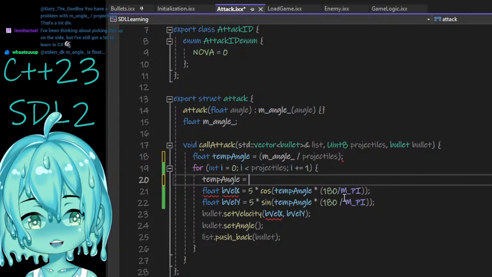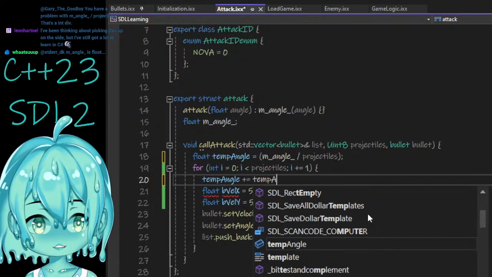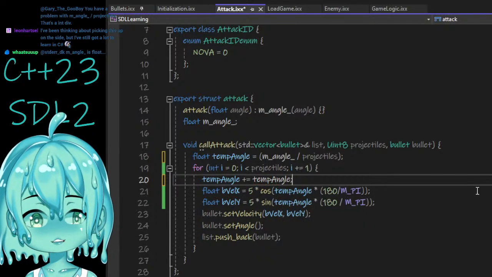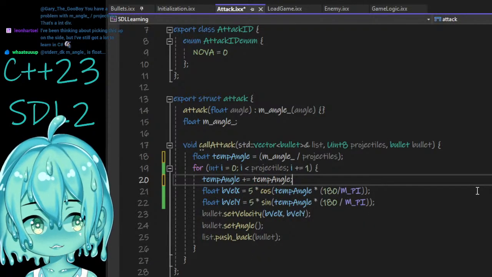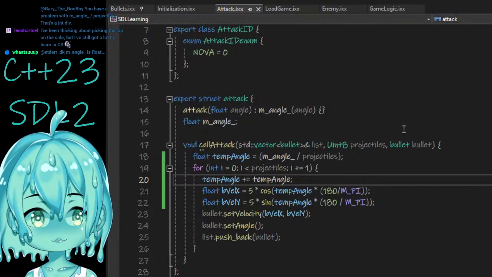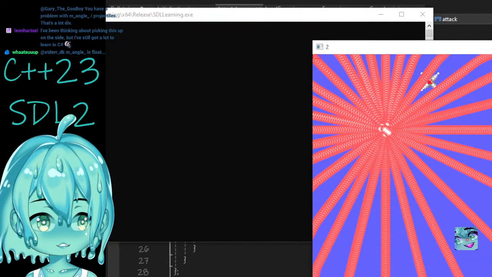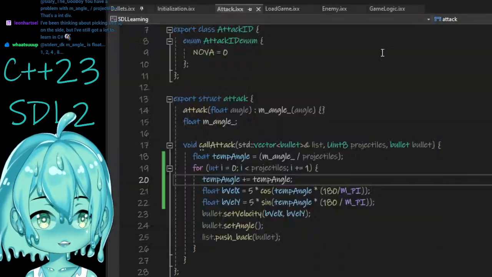So what if we make temp angle like this, and then we make this plus equal itself? Is that ever going to be a problem? Is this a cleaner way to do it? What does that do? Actually, no, it's the exact same thing, but that's fine. That's probably cleaner anyway.